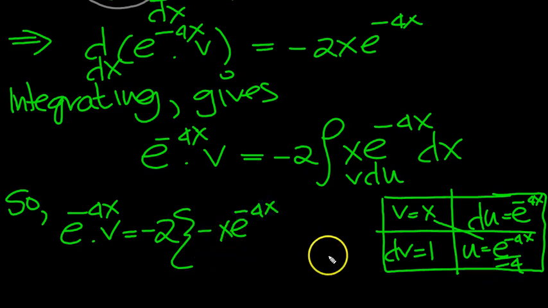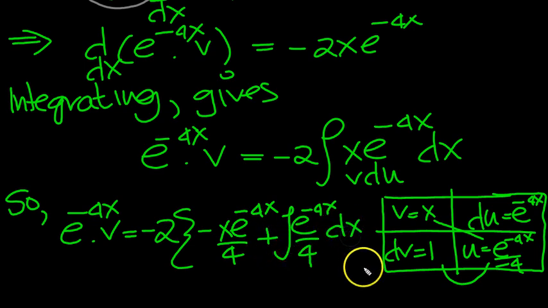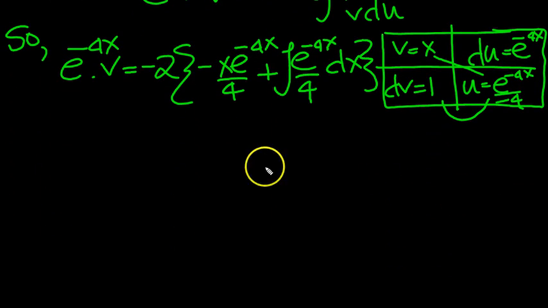So I've put the minus up the top and the 4's underneath. So there's uv minus the integral of v du/dx, isn't it? Which is a minus, so that makes that a plus, e to the minus 4x over the 4, because I've already put the minus there, haven't I? dx. Okay, good. So close brace then. Don't forget we're timesing it all by minus 2 there, aren't we? So we've put that at the top.